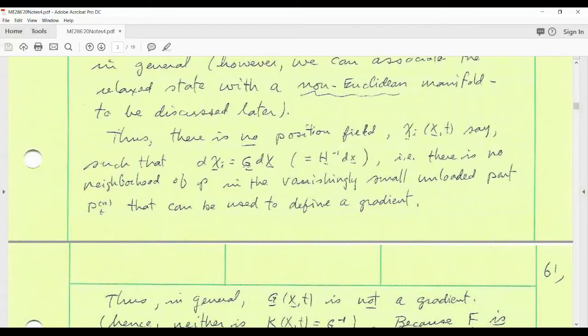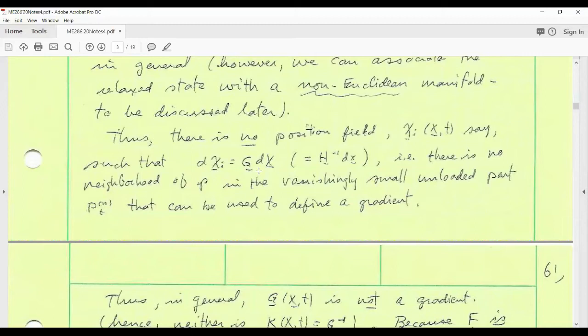So that means, although we can do this locally at the scale of the individual points, we cannot integrate this. In other words, this is not an exact differential. There's no neighborhood of a material point in one of these relaxed neighborhoods, or relaxed parts, because they're infinitesimally small. There's no neighborhood in which you can define a gradient, because in order to define a derivative, you need a neighborhood of a point.